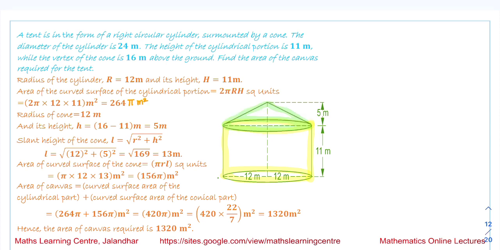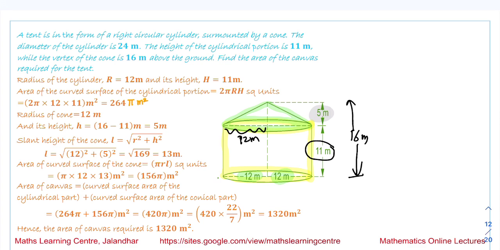Now the diameter of the cylinder is 24 meters, so the radius of the cylinder is 12. So the radius of this cone is also 12 meters. The height of the cylindrical portion is 11 meters and the height of the cone is 16 meters. So this height over here, the remaining height will be 5 meters, that is 16 minus 11 is equal to 5 meters above the ground.